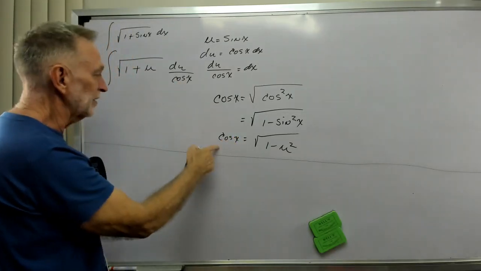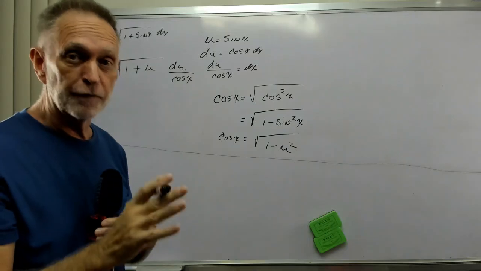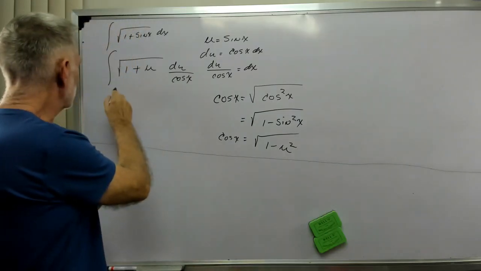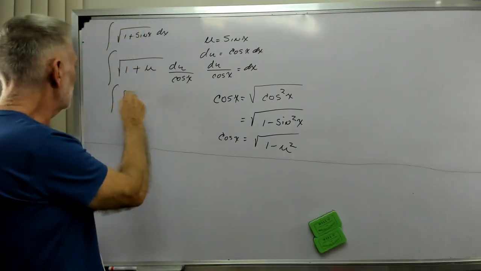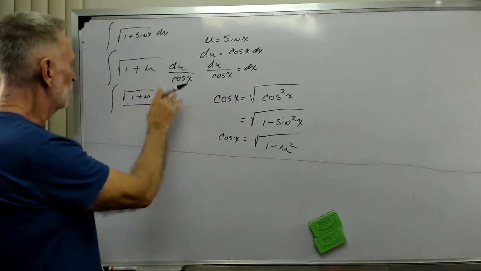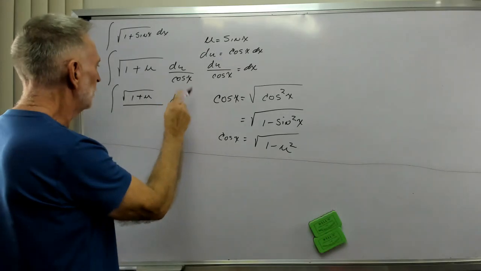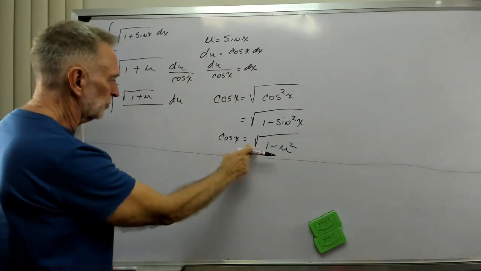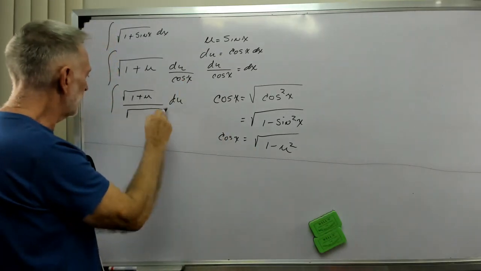So I can replace this now as a function of u. I have the square root of 1 plus u multiplied by du over cosine x, so all of this will be in the denominator.